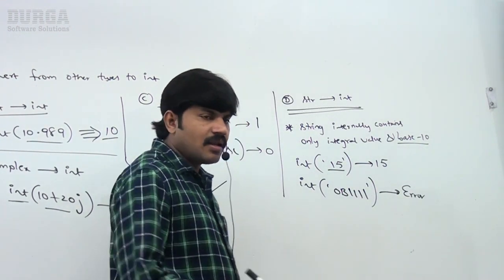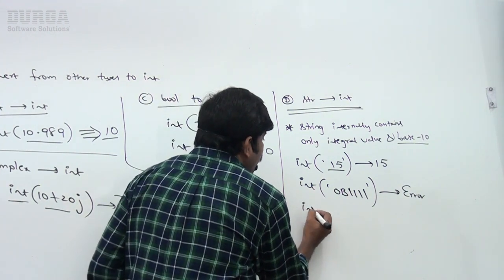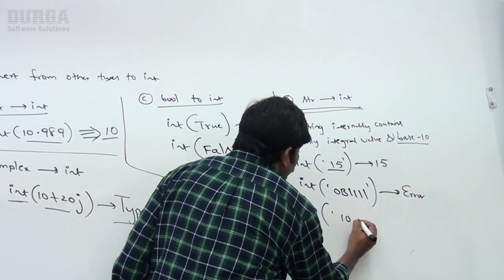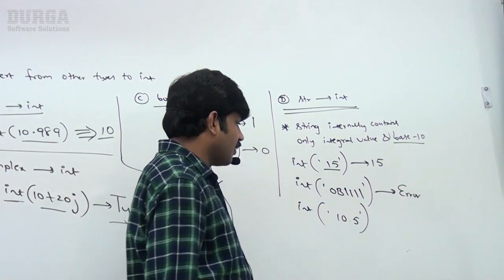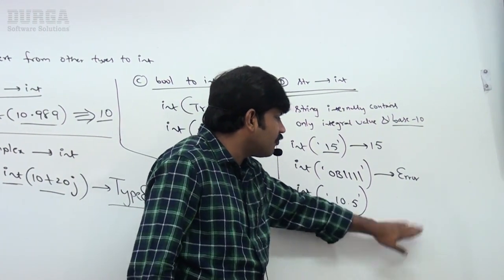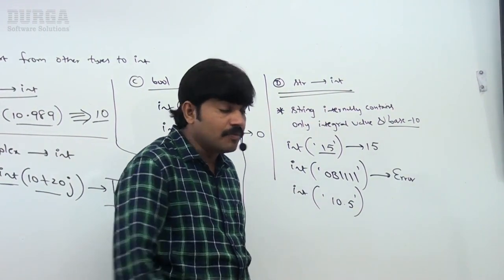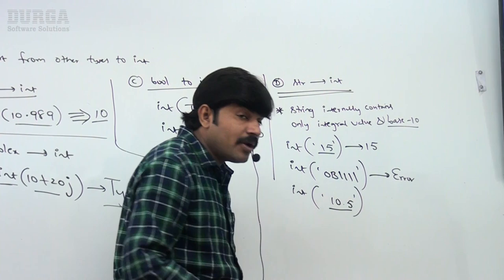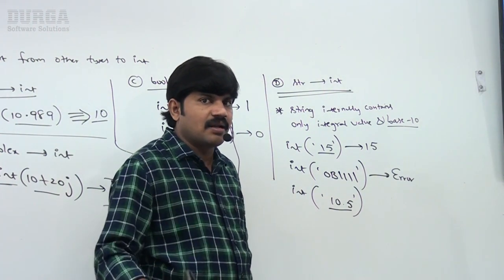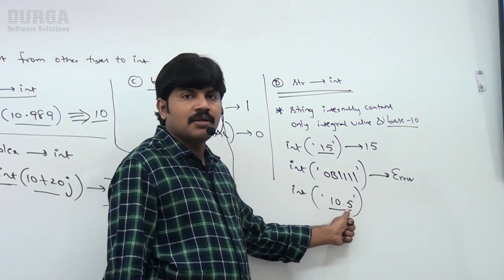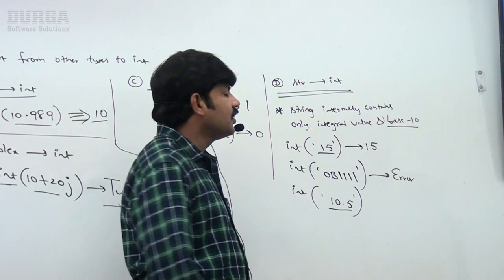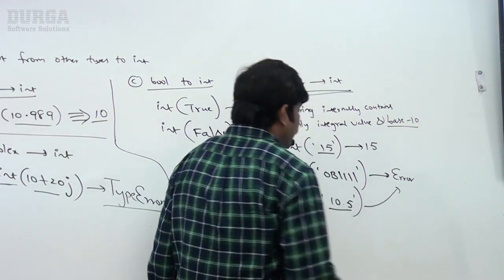Now int of '10.5' I'm taking in string form. 10.5 is not an integral value, it is a float value, sir. Sorry, this conversion fails, we are going to get an error too.